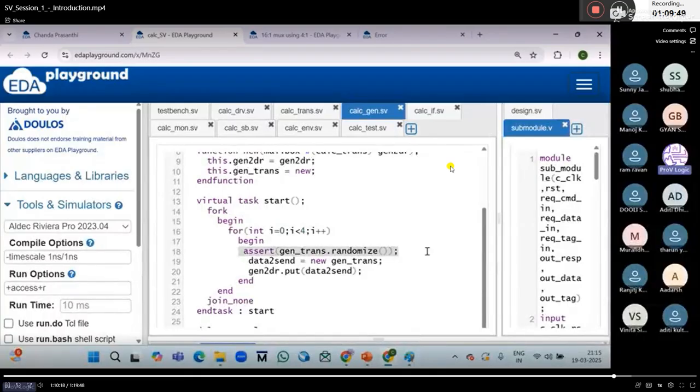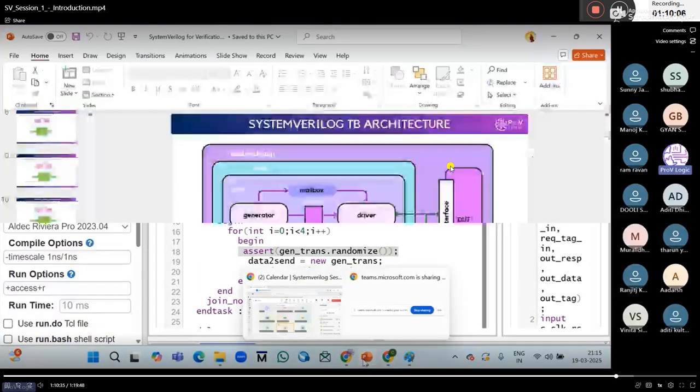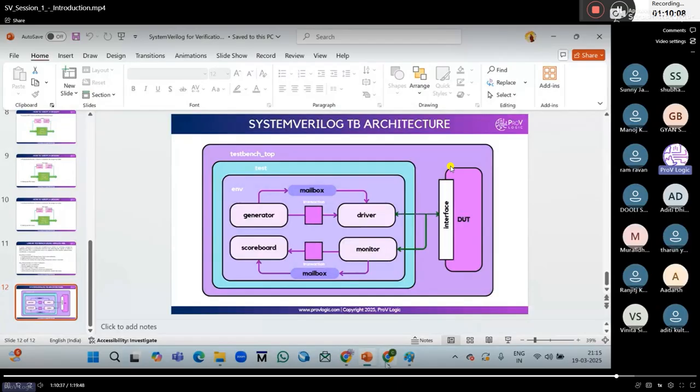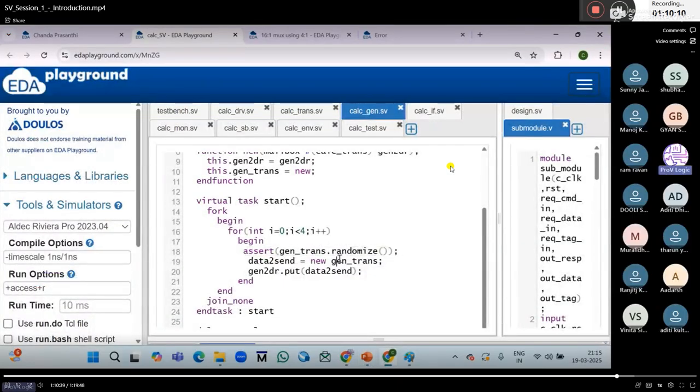If you see here the 18th line, trans.randomize. Here we are doing the randomization. In Verilog HDL, how do we do the randomization? Just $random, right? But here we use the randomize method. Then next, the driver.